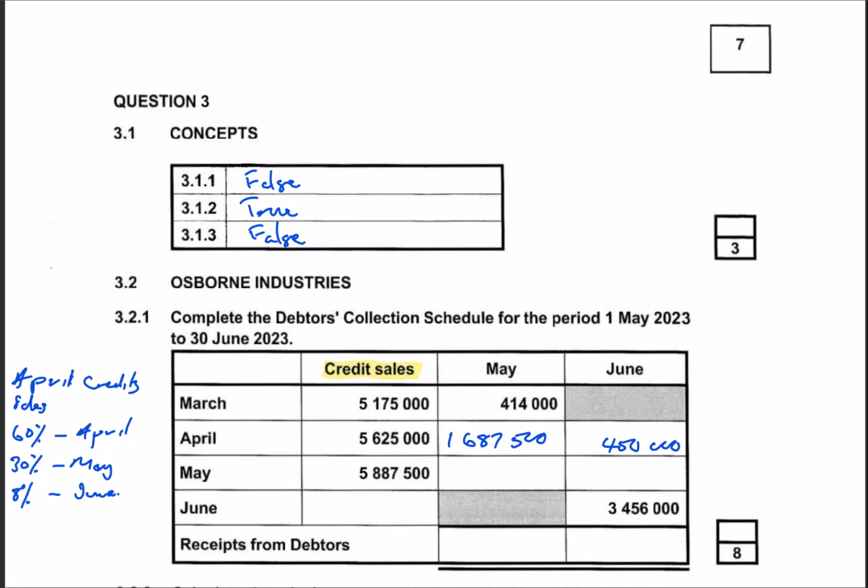The May changes a little bit because what we have in May is the May credit sales. You just have to be careful.